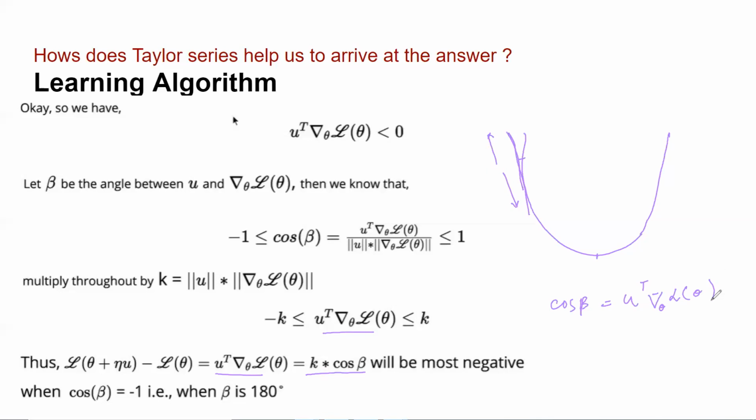That is cos beta only. So I'm just putting the value of this equation as cos beta here, and since I have multiplied k, that's why k is coming in multiplication. This value is equal to cos beta. Do you agree? Yes. So cos beta is coming from there, and since I have multiplied k there, that's why k is coming in multiplication.